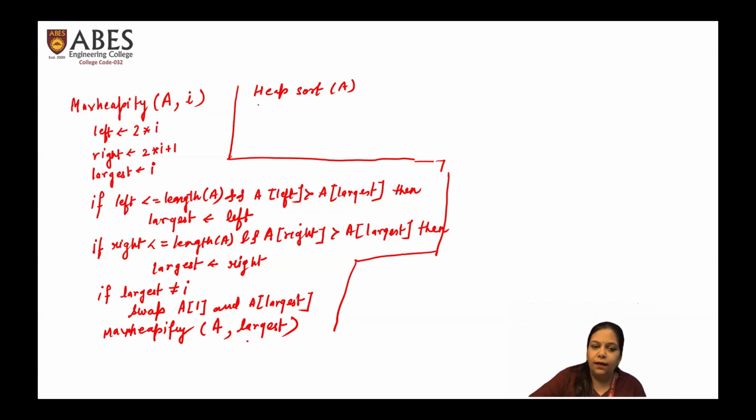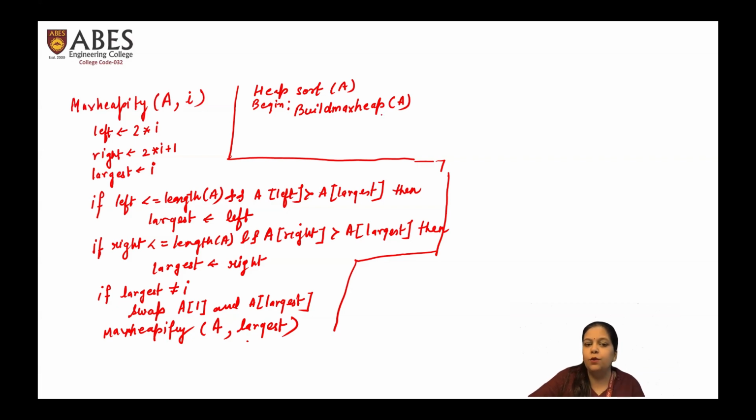So if I say that the heap sort algorithm has started for array A, the first step will be to call a function to make a max heap. So we are calling the function build max heap for A.